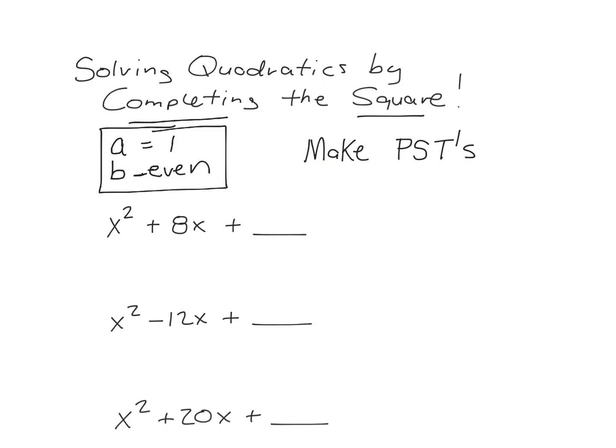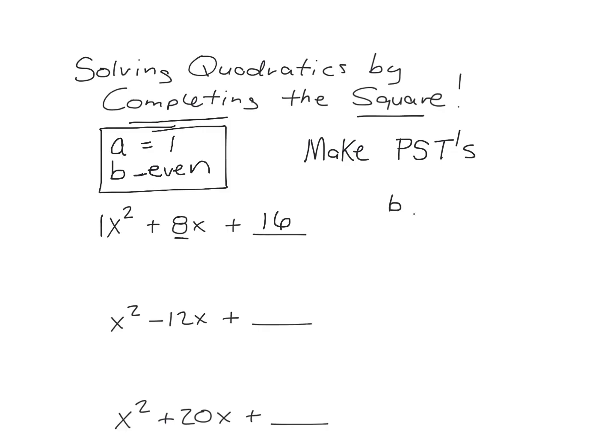Okay, so for example, if I have x squared plus 8x, and I want to make this a perfect square trinomial, what we're going to do is, you can see in this case that a is 1 and b is even, we're going to take half of b, which is 4, and then square it, which gives us 16.